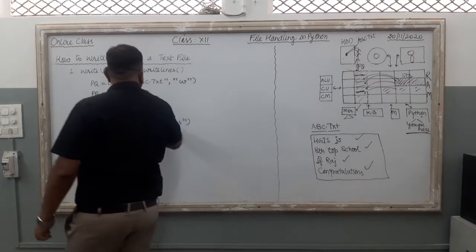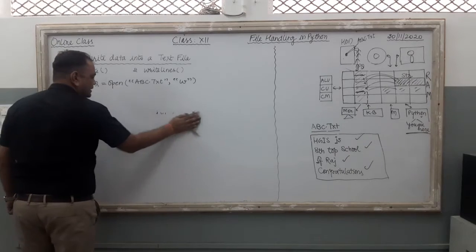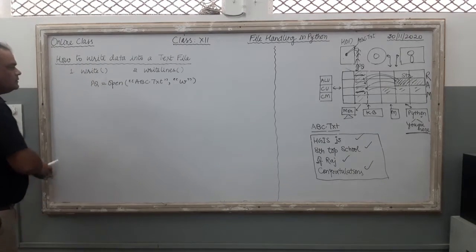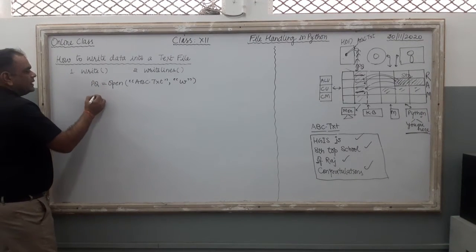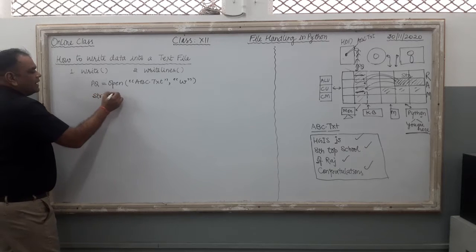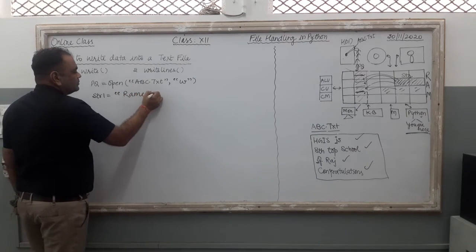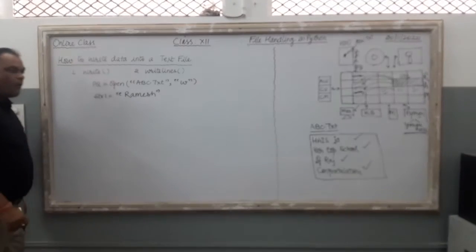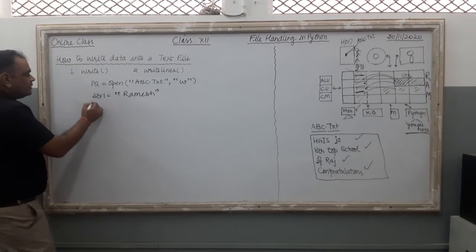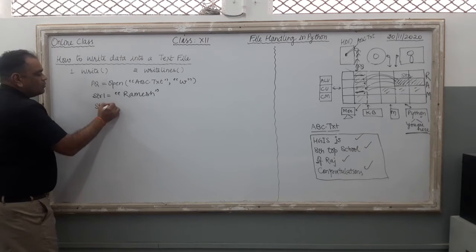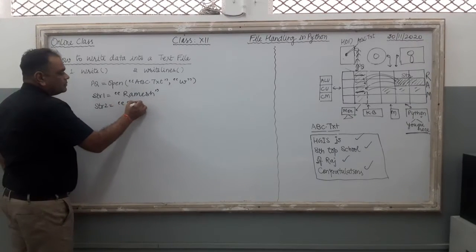Now just see, instead of this one, I can use a string variable also while writing something in my file. Just see what is the string variable. Here file open, then I just create str1, and in this str1 I write this Ramesh. Done? And then str2 equal to Suresh.